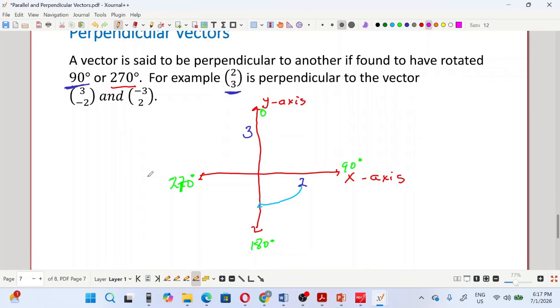These parts are positive. So it's positive 2, but when I move it here now, it's going to change to a negative 2.